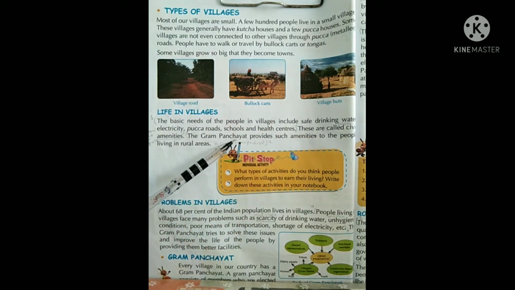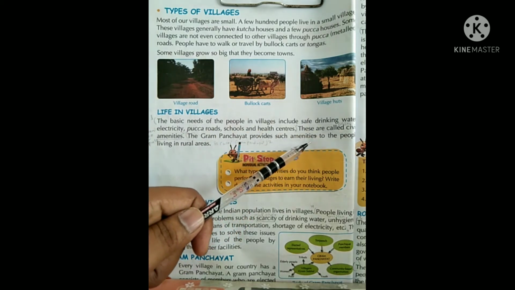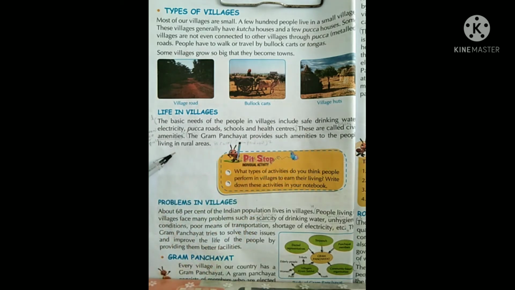The Gram Panchayat provides such amenities to the people living in rural areas. Here, what are the basic needs of the village people? These are very important. If there are no basic needs, we can't live, isn't it? So these are very important things we should have in our life.